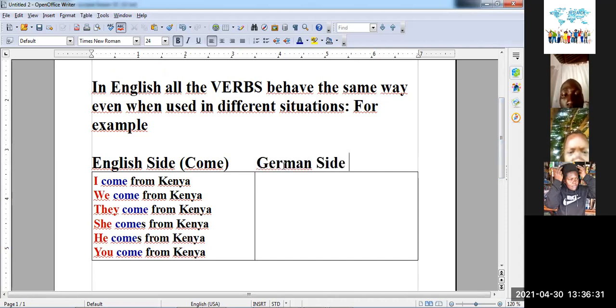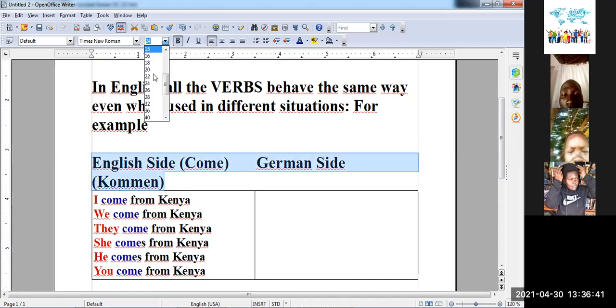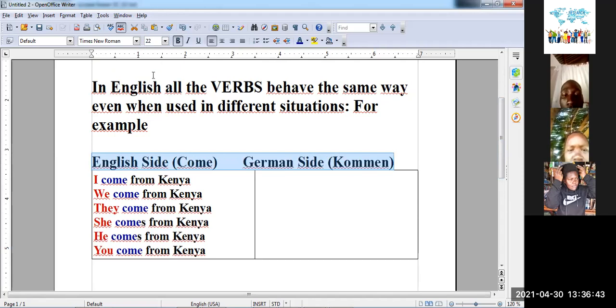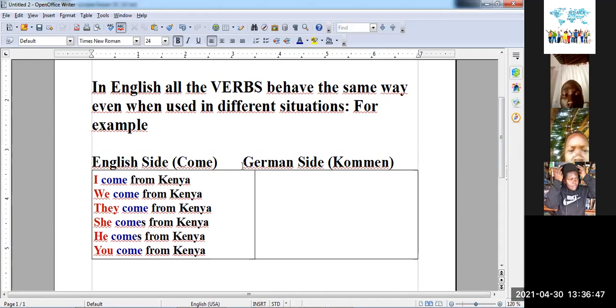The verb to come is called kommen. Come in English, kommen in German.